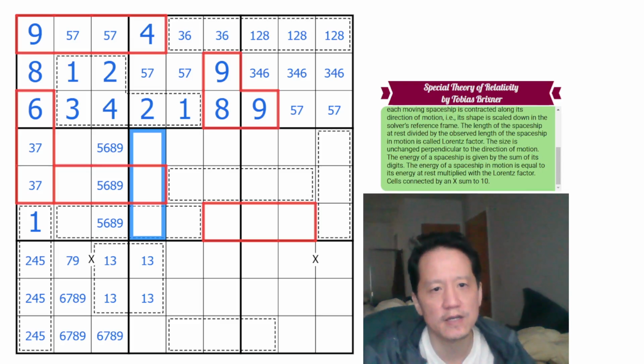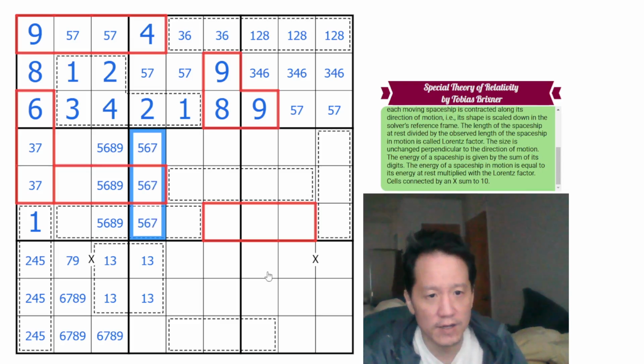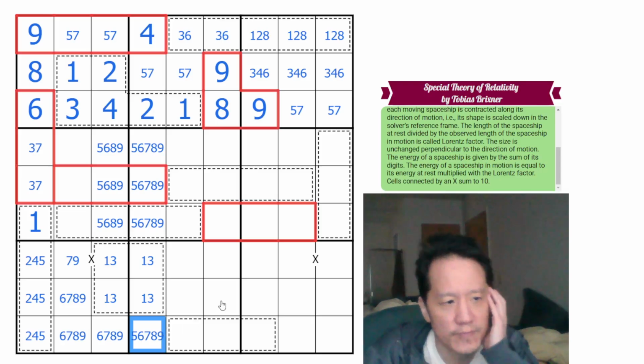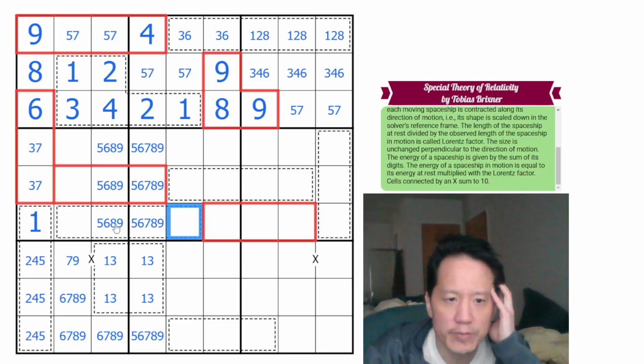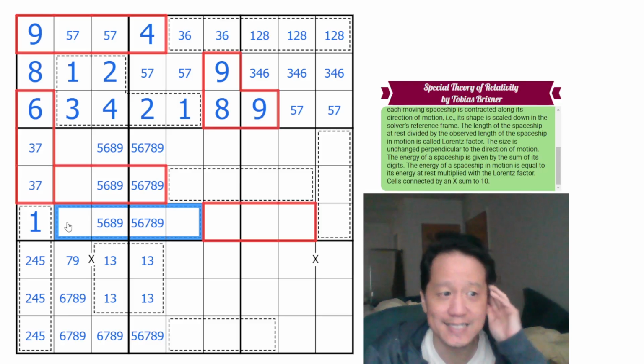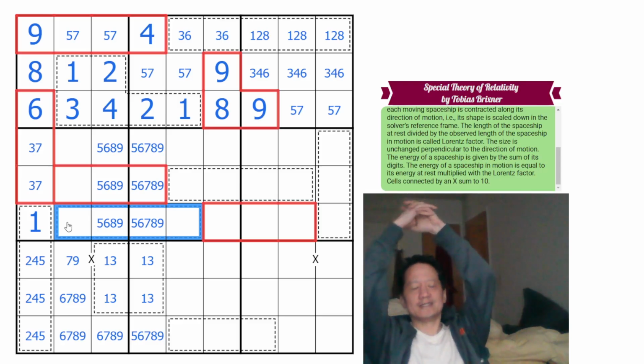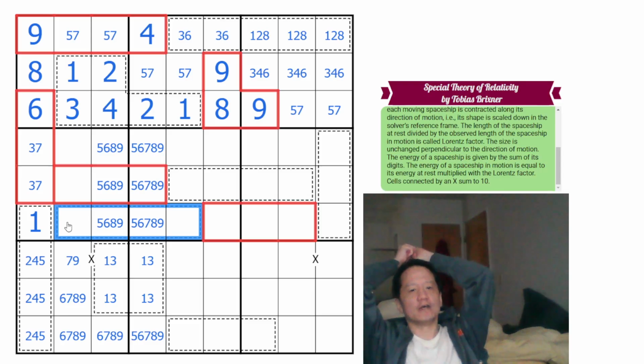This is, again, 5 through 9. This is 5 through 9. The minimum here is 2, 3, 5, and 6 here, which is at least 16. So that's not possible to have 15 or less.